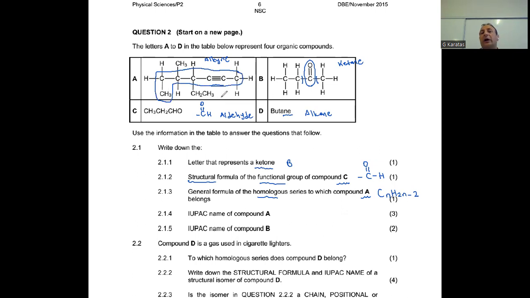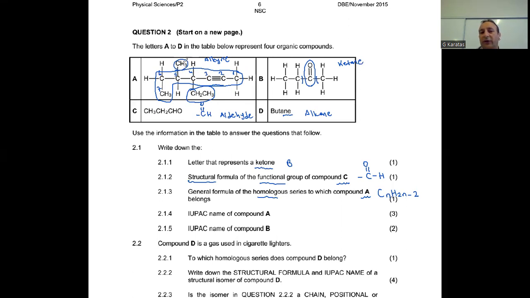We need to number the carbon atoms, and I have to start from the right side because my functional group, the triple bond, is closer to the right side. So here we go: 1, 2, 3, 4, 5, 6, and 7. I have a chain with 7 carbon atoms. And then I have a substituent here, and I have another one on the 5th carbon.